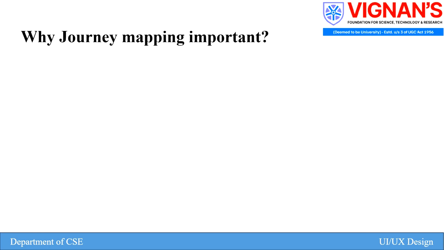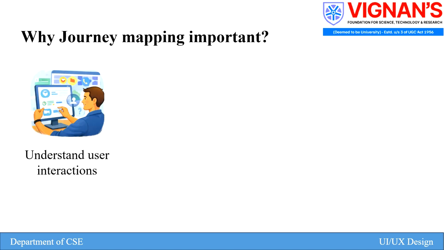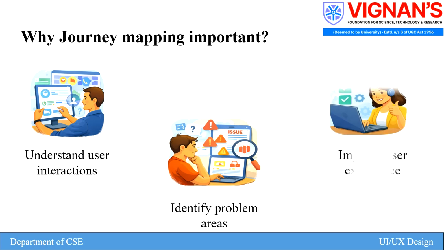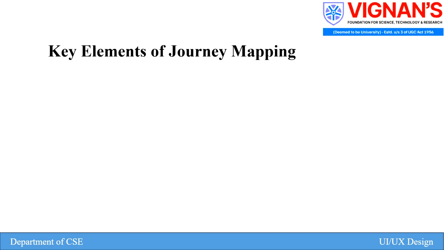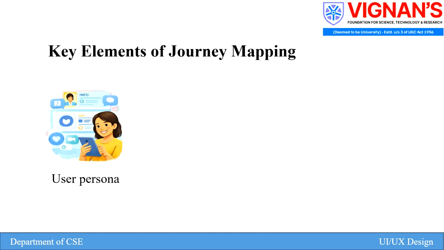Importance of journey mapping. With the help of journey mapping, we are able to understand user interactions, identify problem areas, and improve user experience. Key elements of journey mapping. The main elements present in journey mapping are user persona, a fictional representation of the ideal target user based on research, demographics, behaviors, and needs.